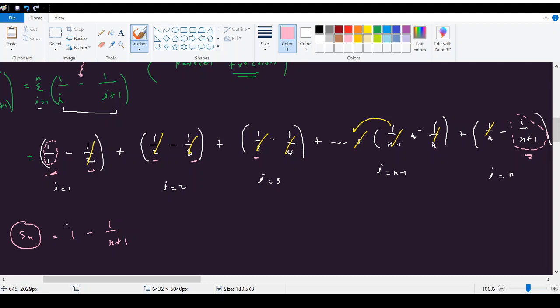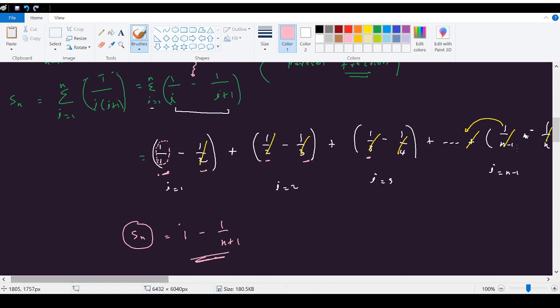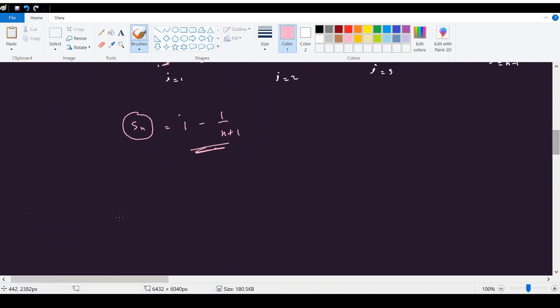So the partial sum sequence will be like this. The nth term of the partial sum sequence will be like this. So at the end, what we have is a sequence like this, right? 1 minus 1 over n plus 1. So our partial sum sequence will be like this.